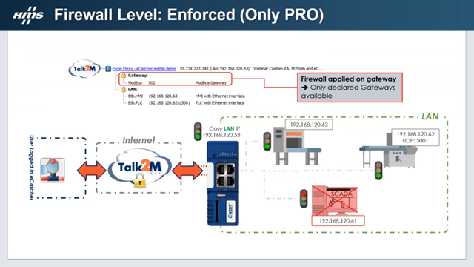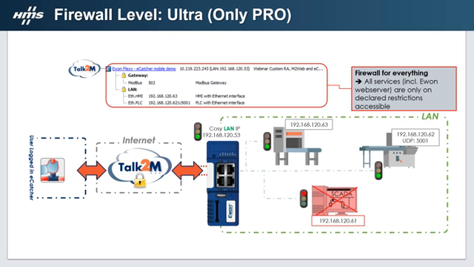Only communication to gateways in the LAN network can be established when the gateway is added into the Talk2M cloud. In this case, a Modbus gateway is added. So, in this case, there cannot be communicated via a gateway in the LAN network over the VPN except the declared Modbus gateway.